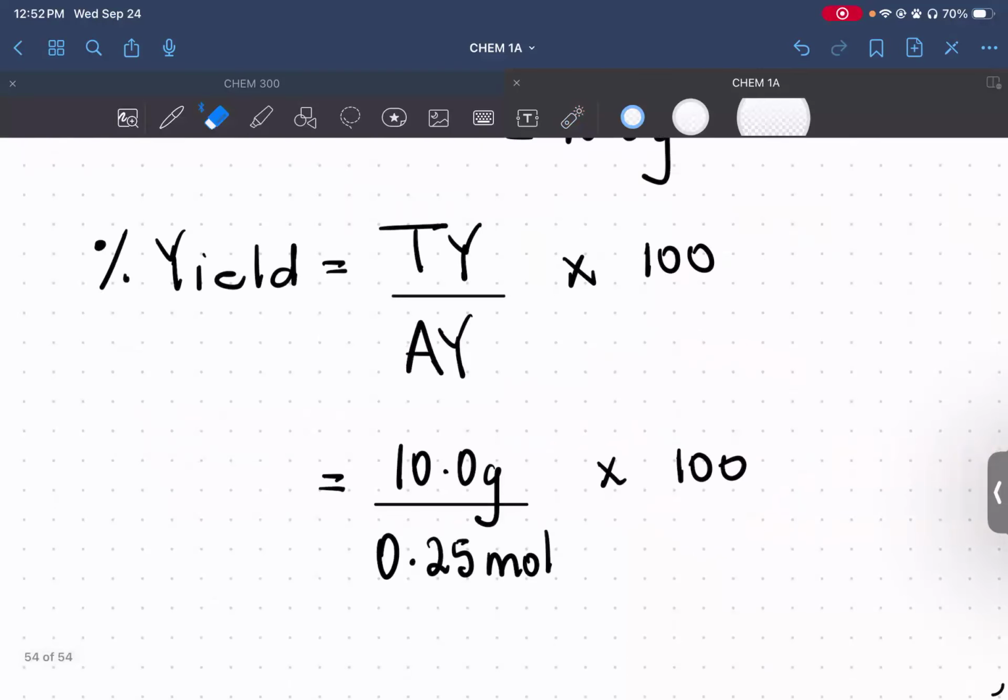So instead of saying the theoretical yield is 10 grams, we're going to say it's 4.995.